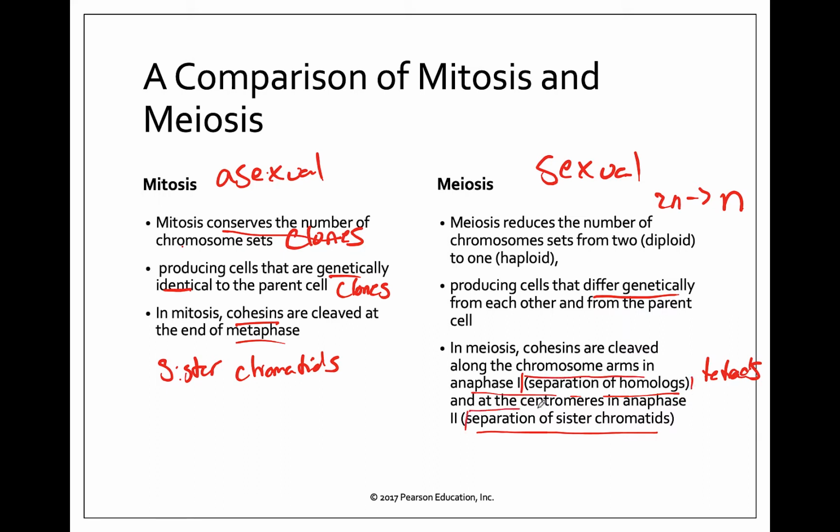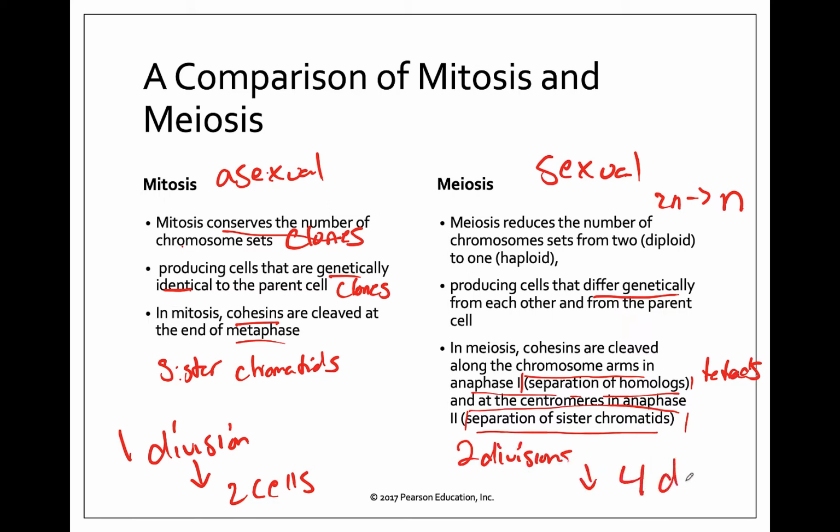This will definitely be on the test as to whether you're separating homologous chromosomes, those pairs of 4, or just sister chromatids. Mitosis has one division that's going to result in 2 daughter cells. Meiosis has 2 divisions that's going to result in 4 daughter cells.